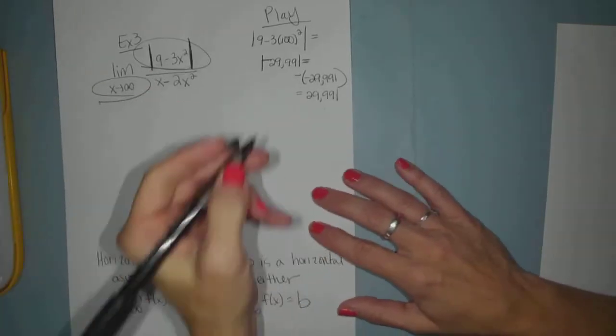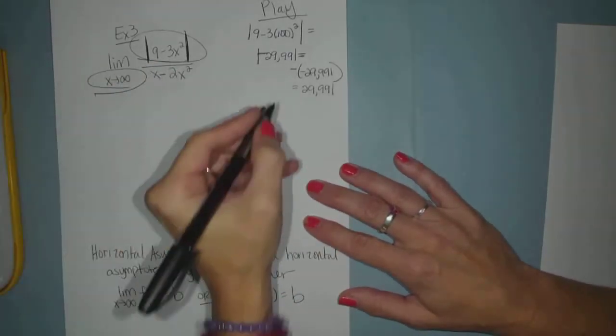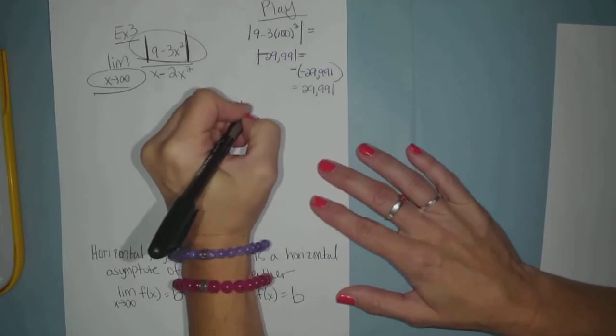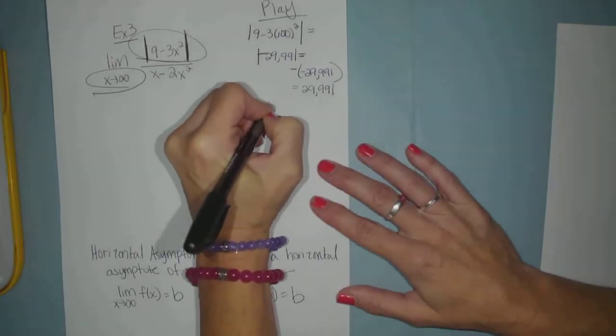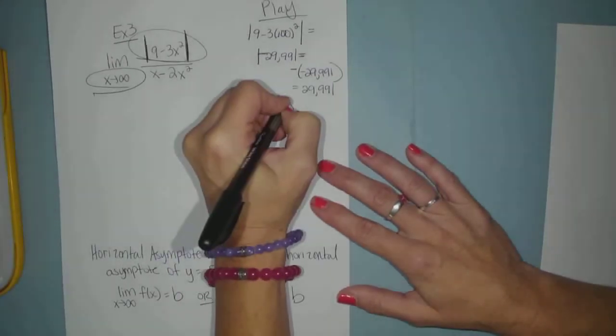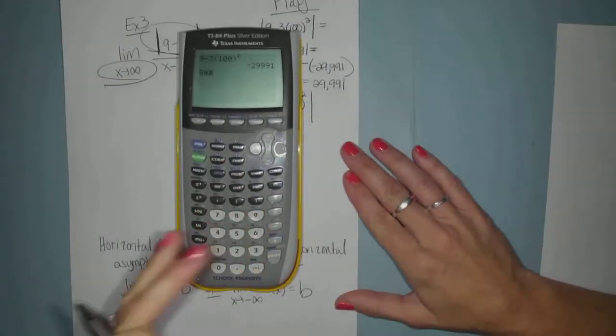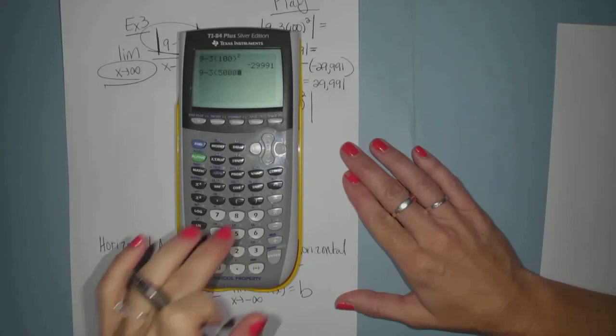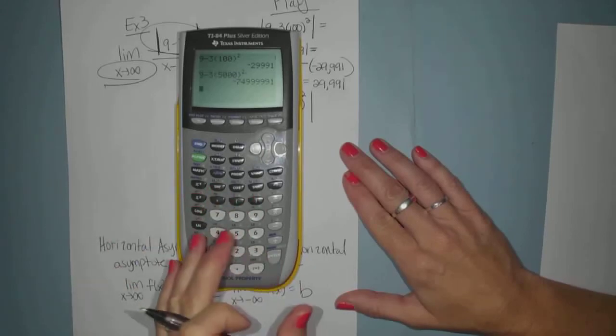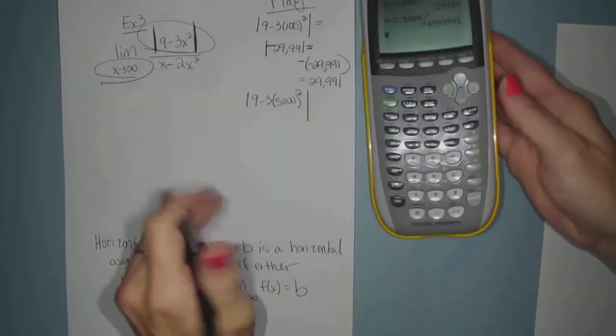Okay, let's pick another large positive. Let's pick 5,000. So let's do the absolute value of 9 minus 3 times 5,000 squared. All right, 9 minus 3 times 5,000 to the second power is, whoa, that's a big number.